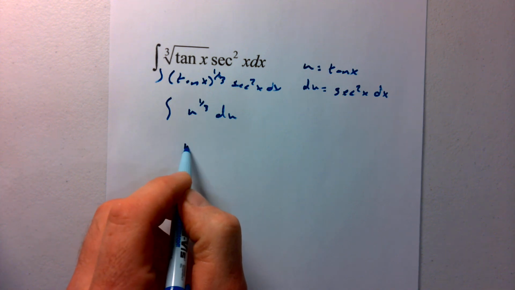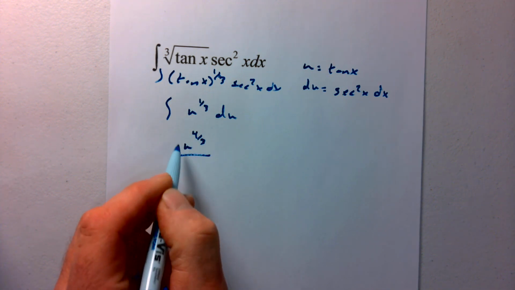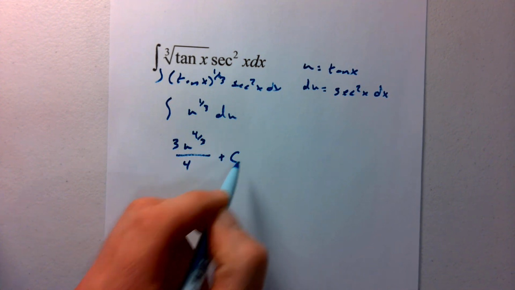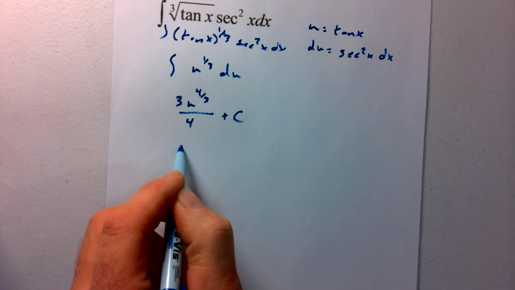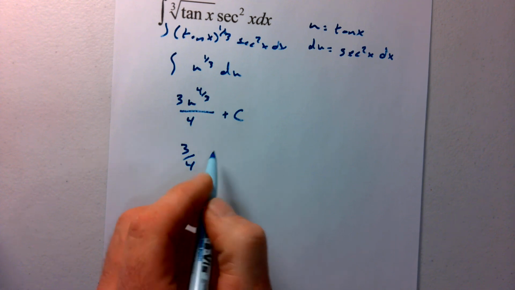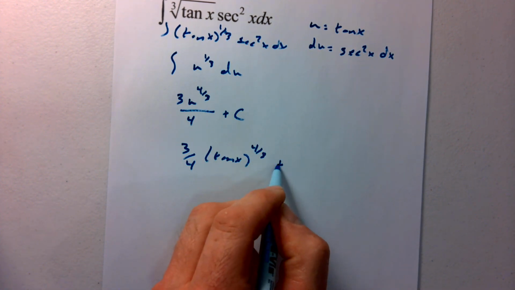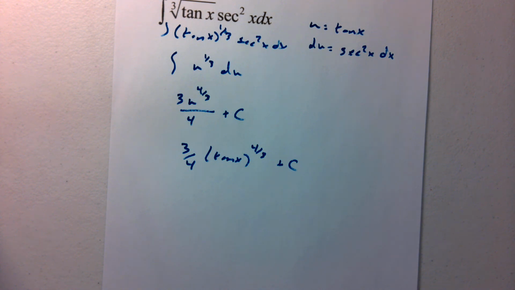Integration of u to the 1/3 is u to the 4/3. Divided by 4/3 is the same as multiplying by 3/4, plus our c. We're going to go ahead and replace that u with the tangent of x to the 4/3 plus our c value. And that gives us several examples of our trig and how we could see different things applying.